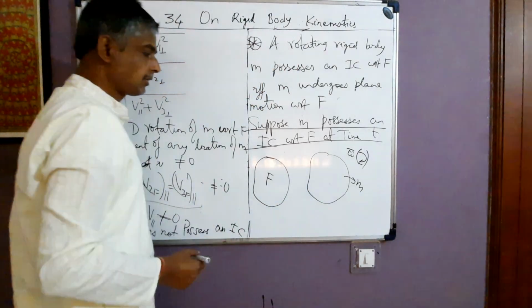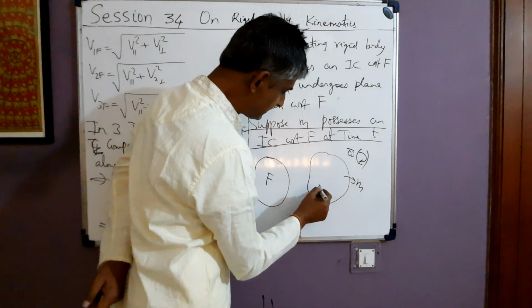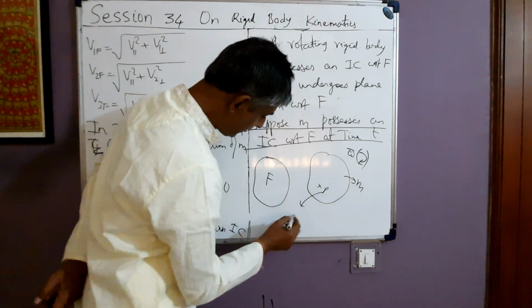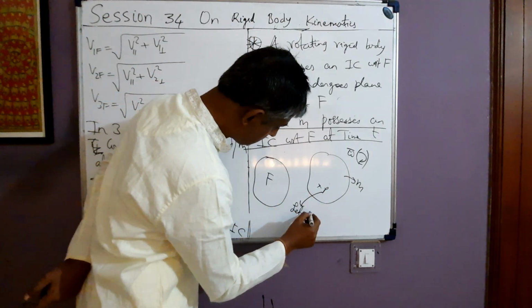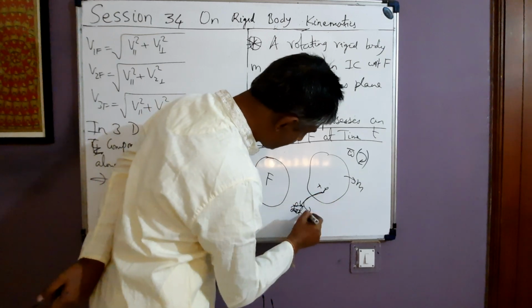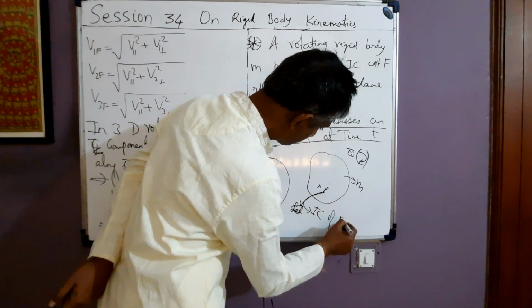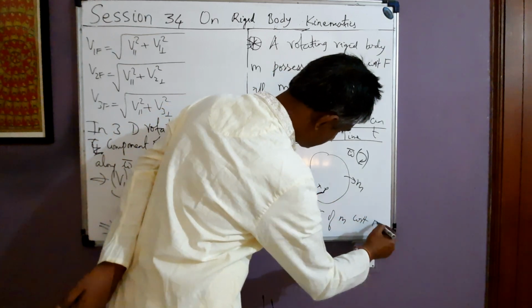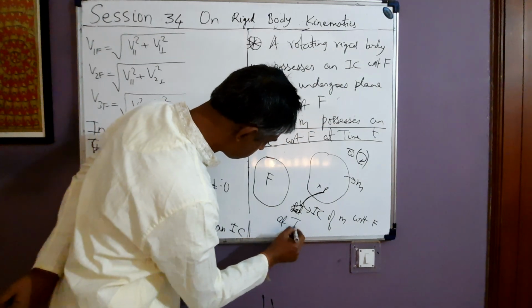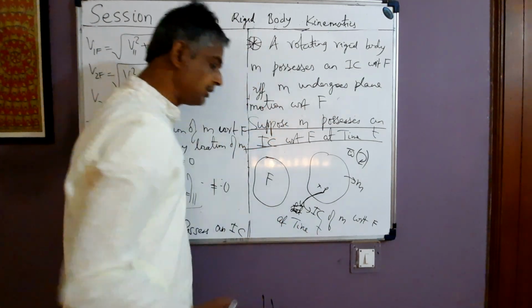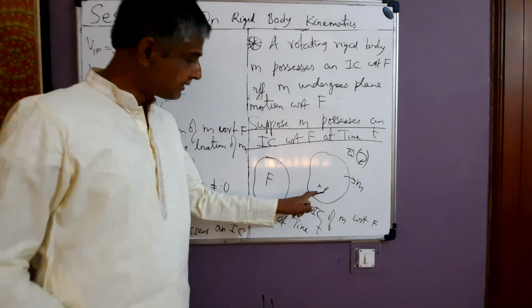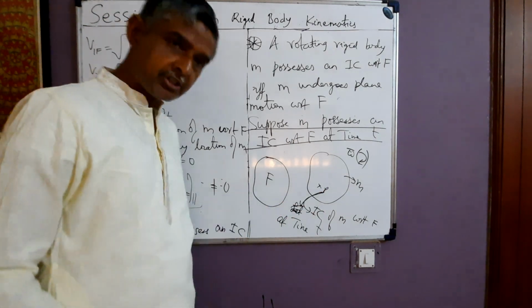Now suppose this is the IC P. Let P be the IC of M with respect to f at time t. This means at time t, the velocity of P with respect to frame f is 0.